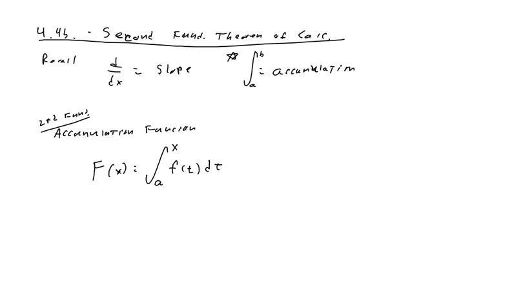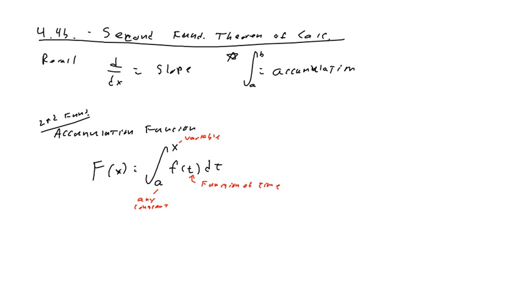And so what it's saying is, A is just any constant number. X is where we're going to end. This is our variable. And f of t, t is usually time, is a function of time.